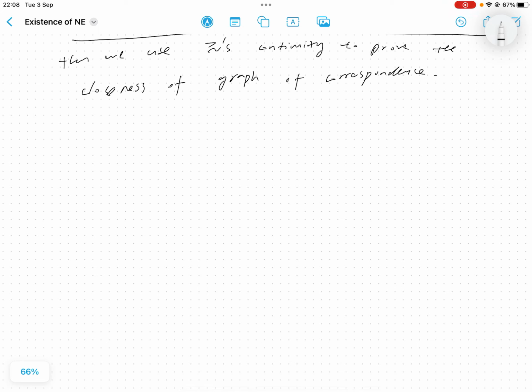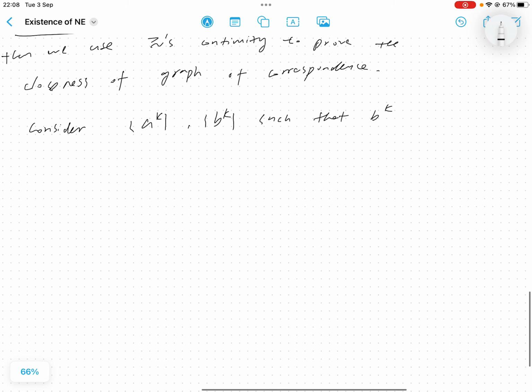Okay, so we first consider a^k and b^k, those two sequences, such that b^k is an element of the output of the best response correspondence given a^k.